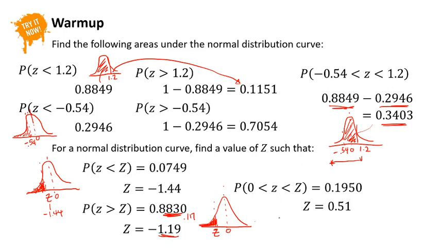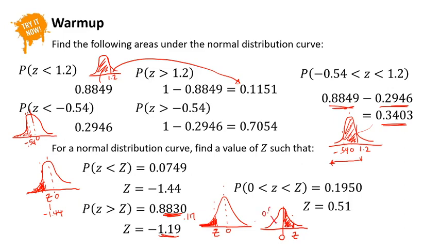And then lastly, we wanted to find a threshold here between 0 and some z that we don't know what it is yet, but we want this area right in here to be equal to 0.1950. Well, in order for us to look that up on the table, I need to know what the area is completely to the left of z, and so I'm going to have to take this area right here and add whatever this is.